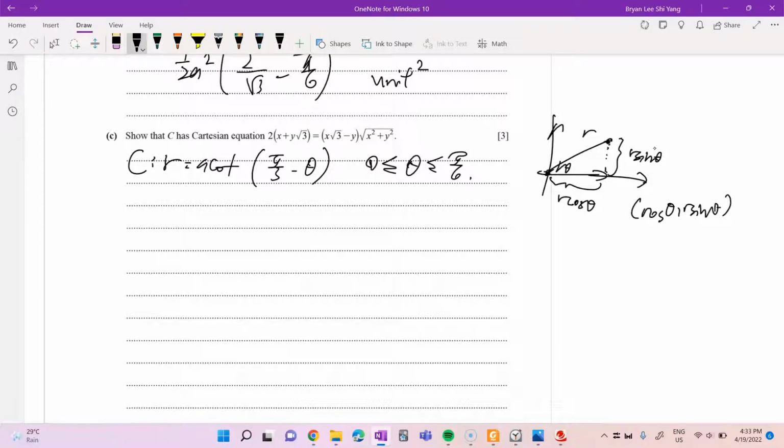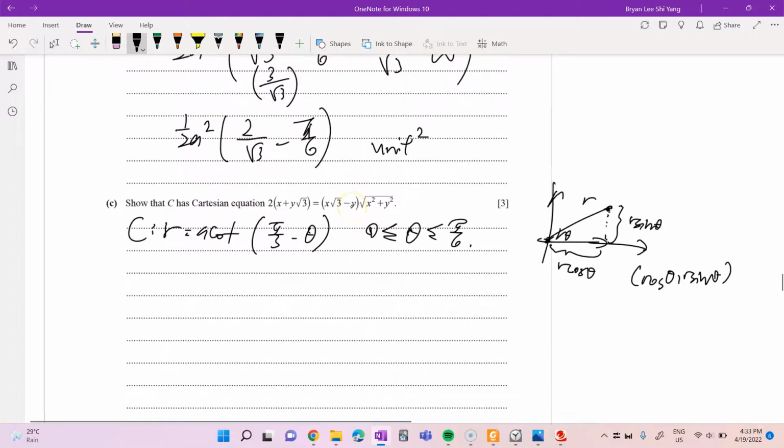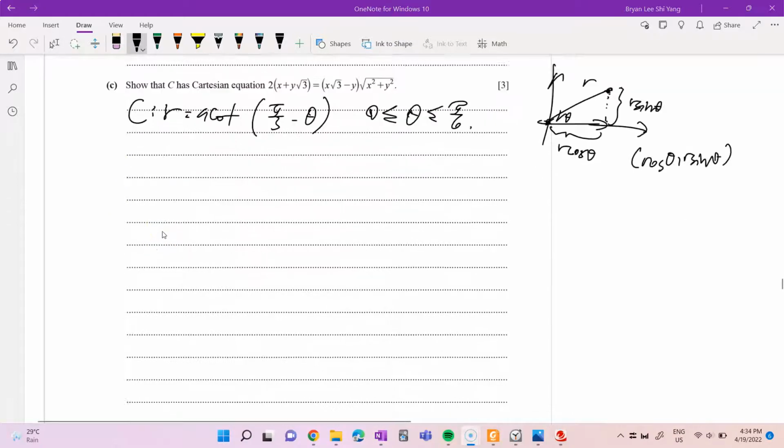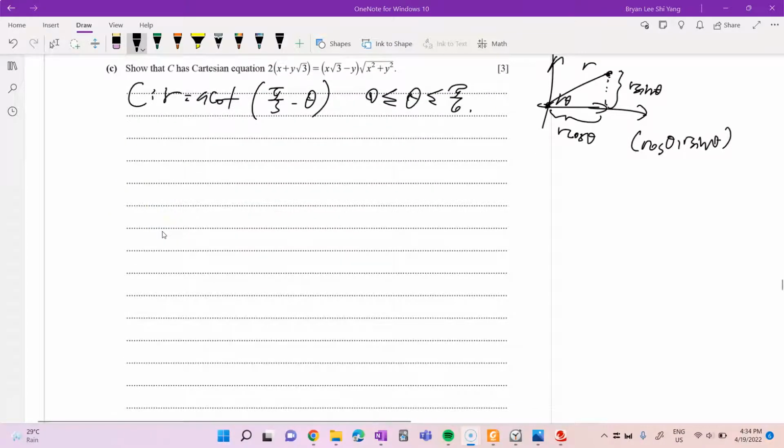r equals a cosine theta. Let me think. I don't know if I want to prove from right to left or left to right. I need a moment to ponder this. Okay guys, I think I would reuse the strategy of proving from right to left.